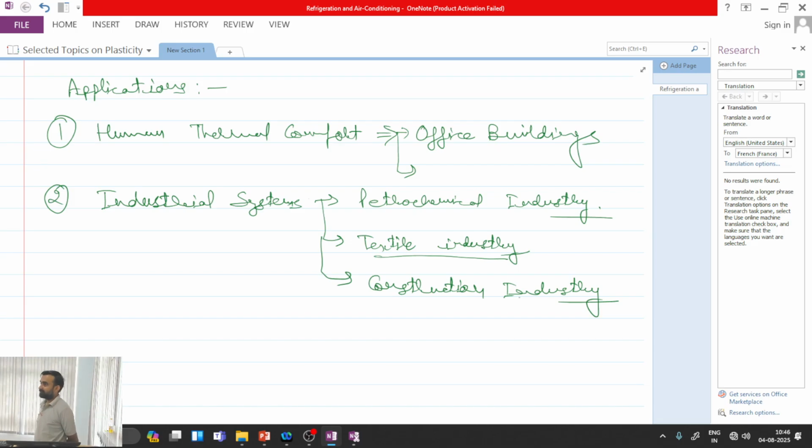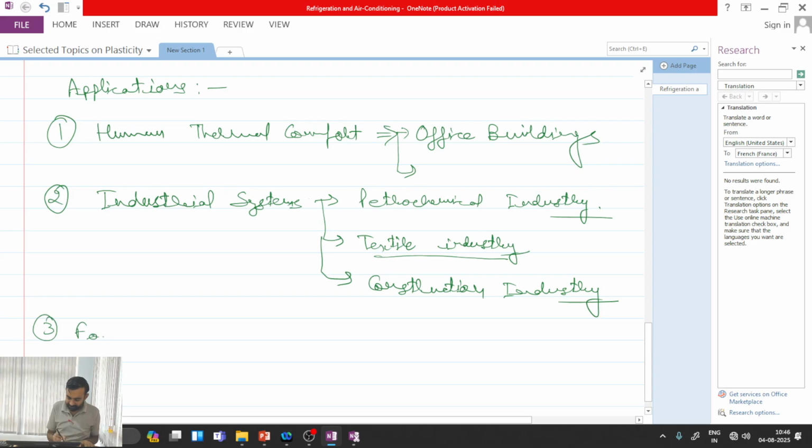In construction industry, whenever we perform the excavation process, sometimes a portion of the land is frozen so that excavation can be done easily. So even freezing is performed before excavation in certain conditions so that you can do the controlled excavation in an easy and efficient manner. Anything else?